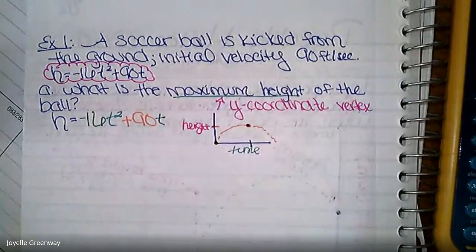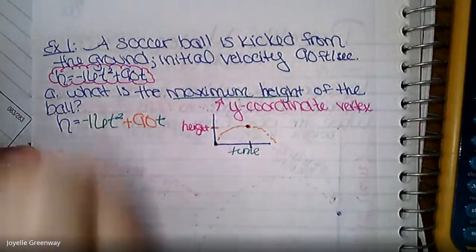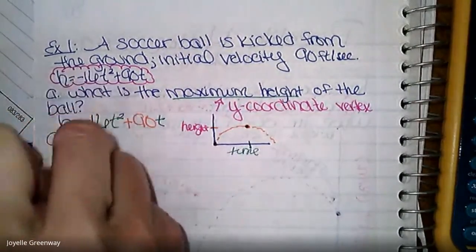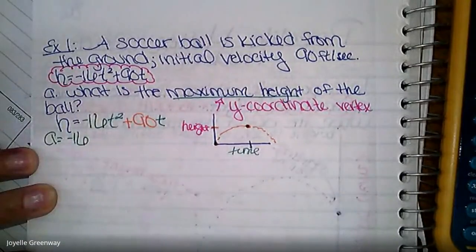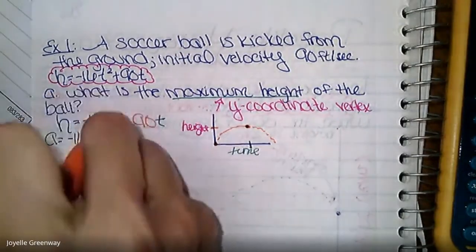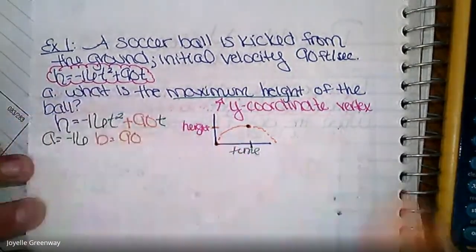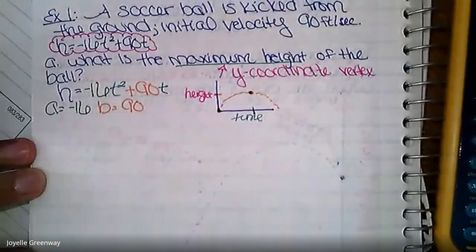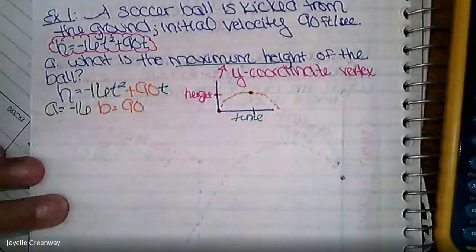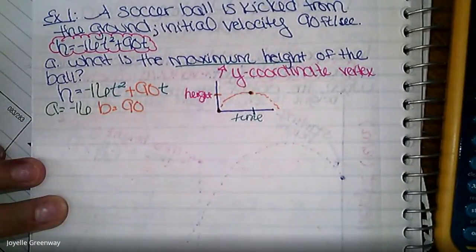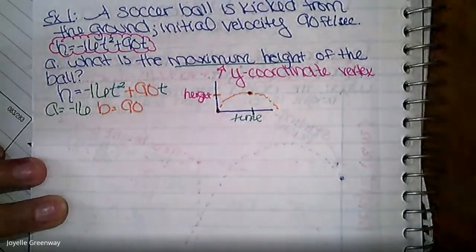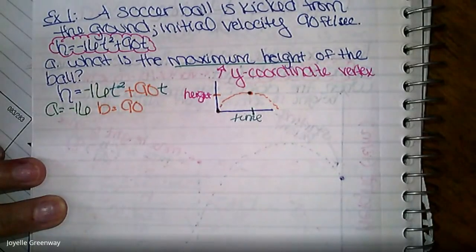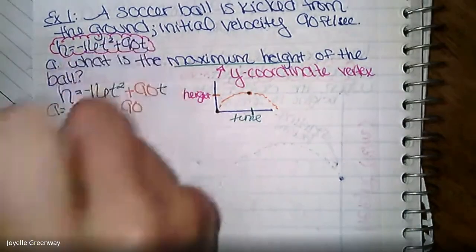So I know that my A value is -16 and my B value is 90. And so I know that -b over 2a, so make sure you have your calculators, is going to give me my x coordinate.